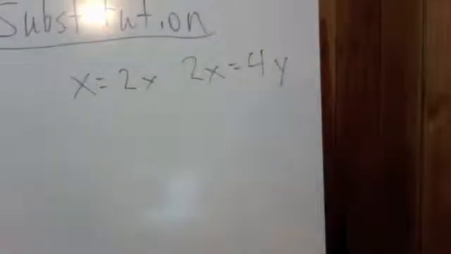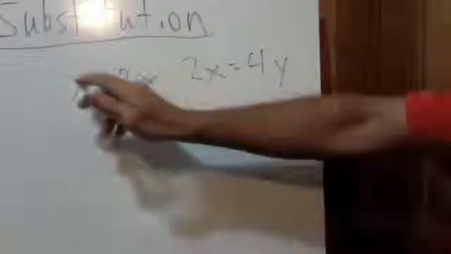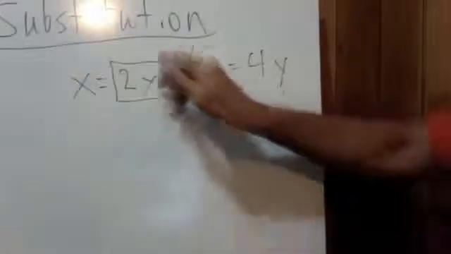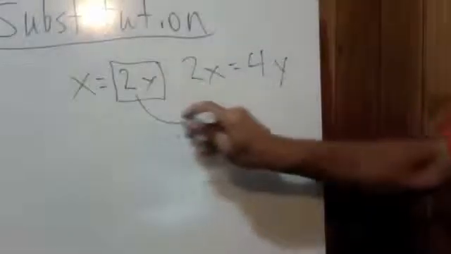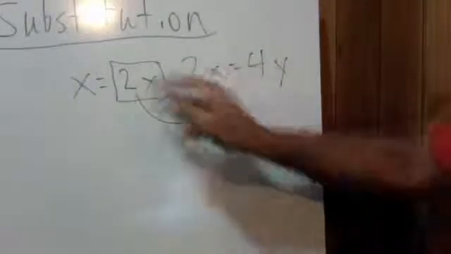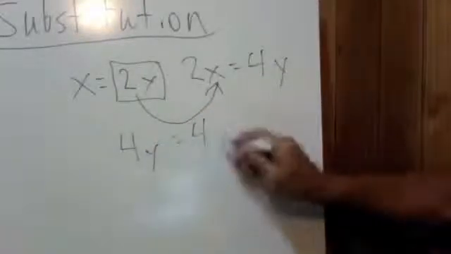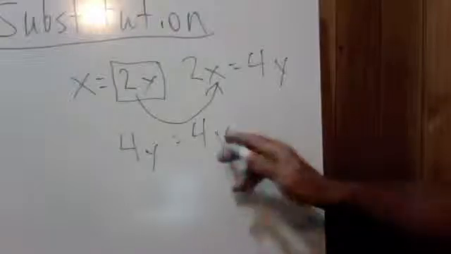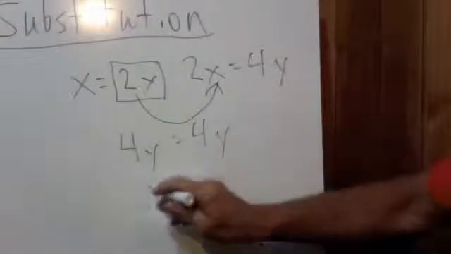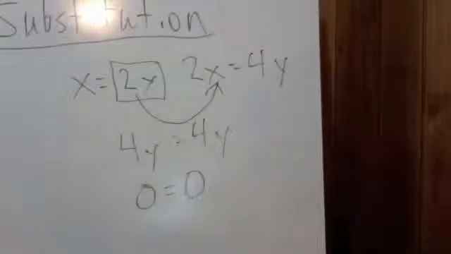But let's just try this anyway. x equals 2y, so instead of x, I'm going to have 2y. So I'm going to substitute that in right there. 2 times 2y is going to give me 4y equals 4y. And when I get the y's on both sides, I'm going to end up with 0 equaling 0. Of course 0 equals 0. That's not a big brain buster.